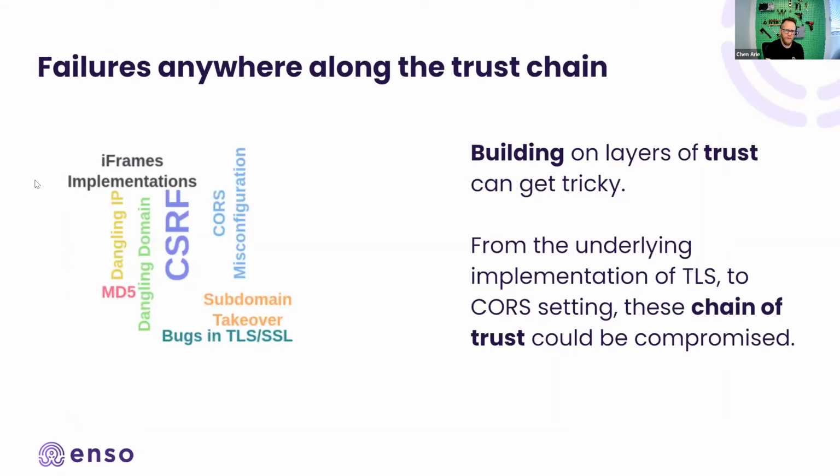If we talk about failure anywhere along the trust chain, it can be really much anything that results in breaking isolation. Again, focused a little bit on the web realm. So even if you do an iframe implementation, if you don't properly check the way that the iframes are checking origins before and after, and when they receive messages from other frames, you would have the same kind of results.